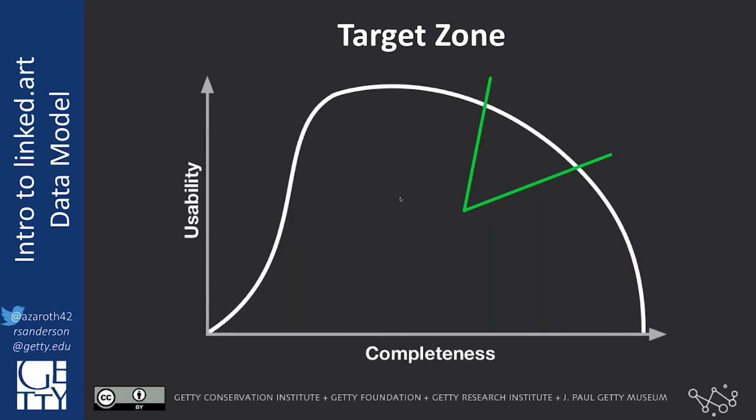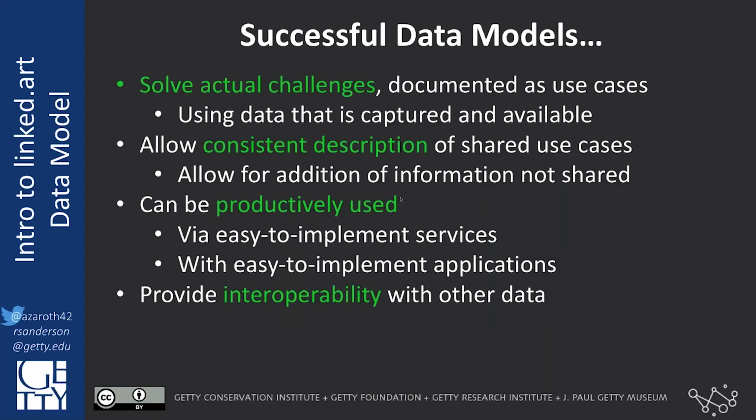Then there's this long curve of adding more information, and you get a little bit more usability, and you also get more completeness. But after a while, as you add more information, the usability collapses back down to 0. So you might have absolutely every single piece of knowledge that anyone knows about a single object, but there's no way that anyone could use that because they'd be just overloaded with the content.